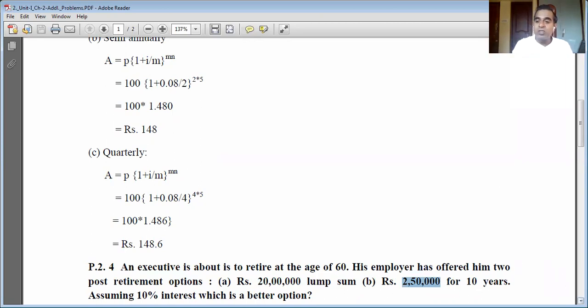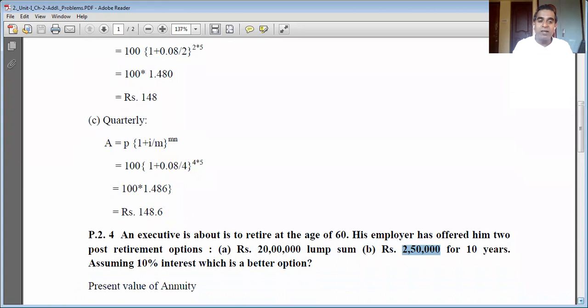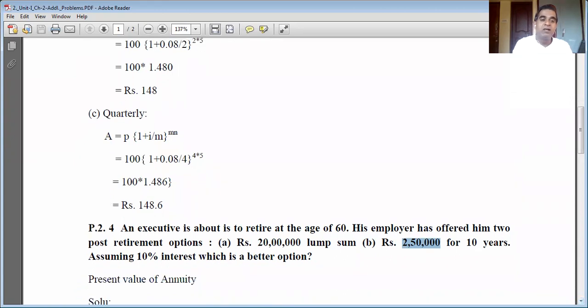With the explanation I gave, now let us make an attempt to answer this question. Definitely it is related to the discounting technique. The way I explained, 20 lakh rupees is to be received in present, and 2,50,000 rupees each year for 10 years is to be received in future. So we need to convert this future value to present value.